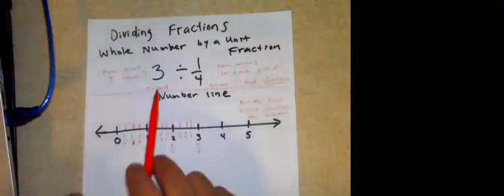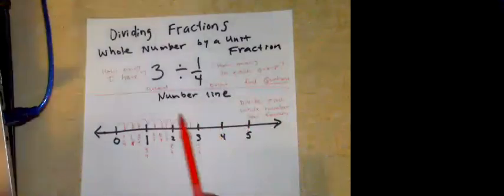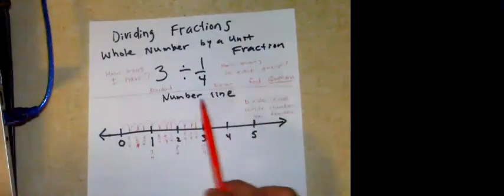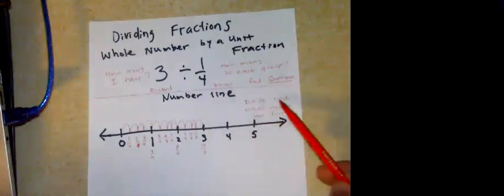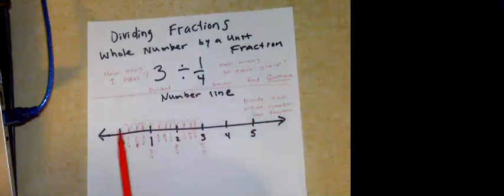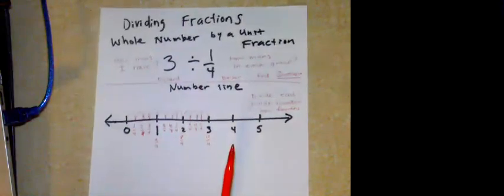So we know that our dividend is 3. Our divisor is 1/4. So divide each whole number into 4. We're taking that divisor, dividing every whole number by 1/4. Okay.